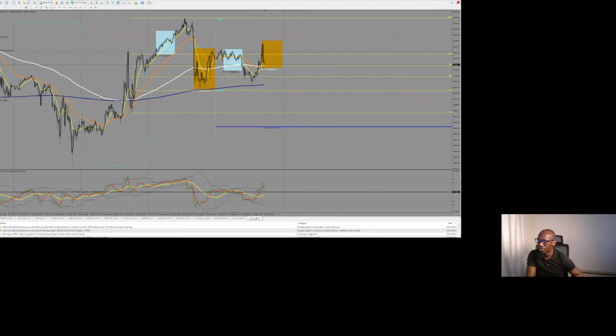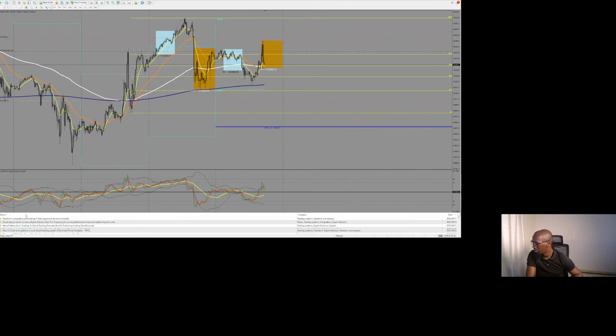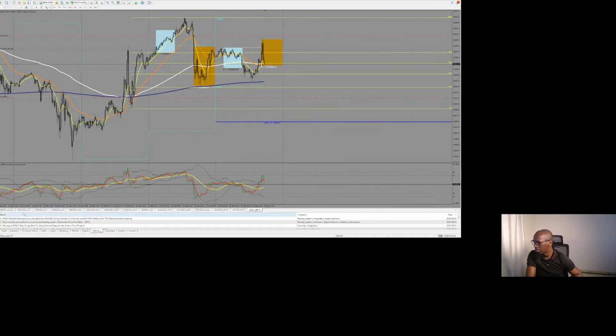Meanwhile, what we can do is just check and see what the risk to reward ratio for this lovely trade setup is.